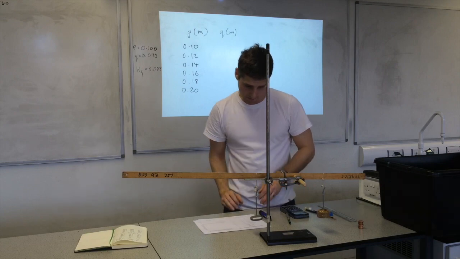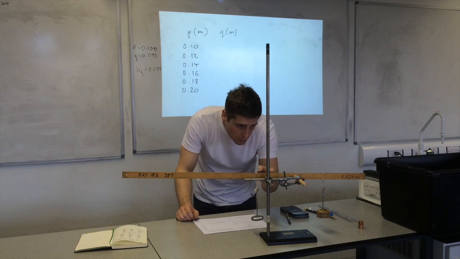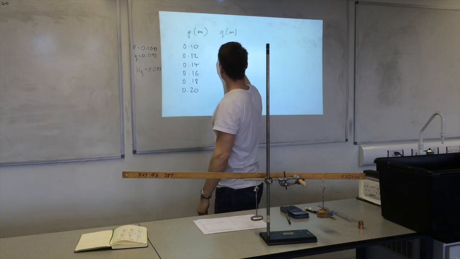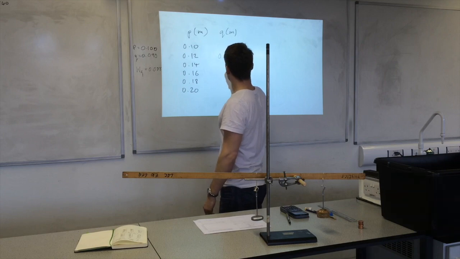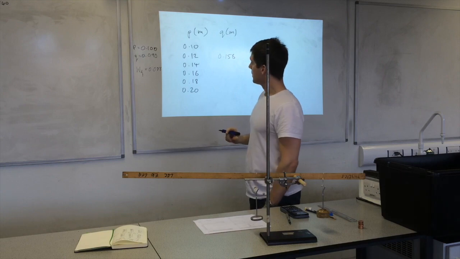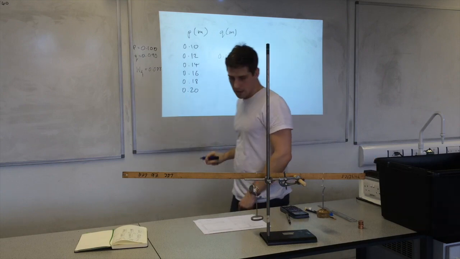Okay, it's balanced. So that's 15.8. I need these to 2 decimal places, so that's okay.